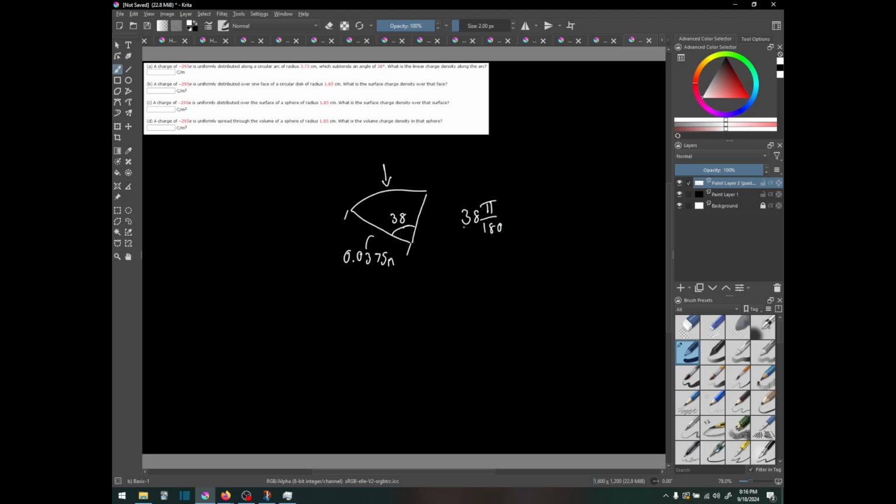Well, 38 into 180 is 19 over 90 pi. So what we can do is multiply this r times this number to get the length here.